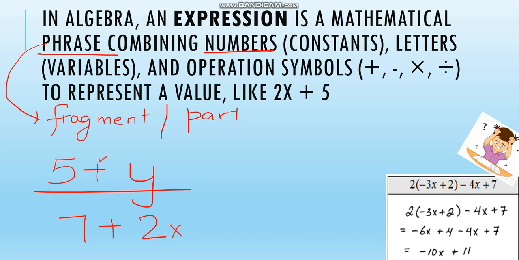So I can also say that expression is a small segment. It is a phrase. It is a fragment. It is not a complete equation in itself. Because if you see, we cannot find the value of this variable here. 5 plus y cannot help you find the value of y. 7 plus 2x cannot help you find the value of x.